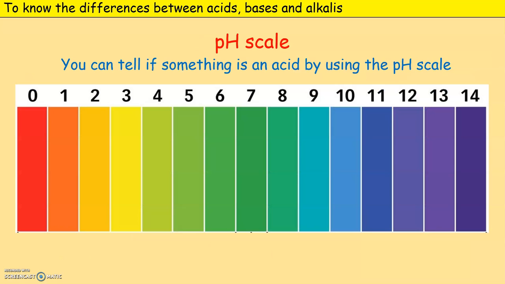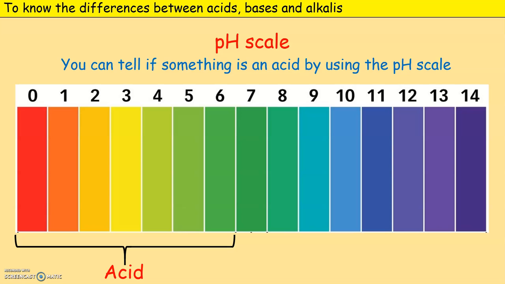Okay. Now, moving on. Now we've got what we call the pH scale. This tells us whether something is acidic or not. All right. This pH scale has numbers from 0 to 14, and we're going to look at how to define them. From 0 to 6, we say is acidic.